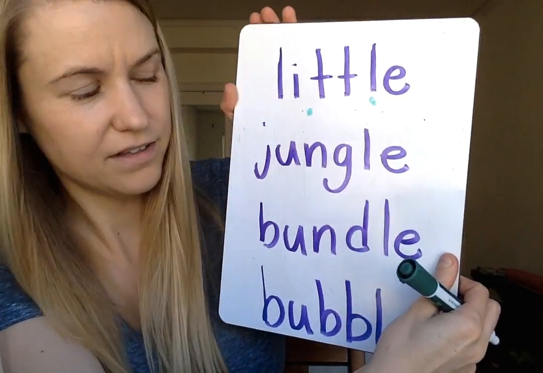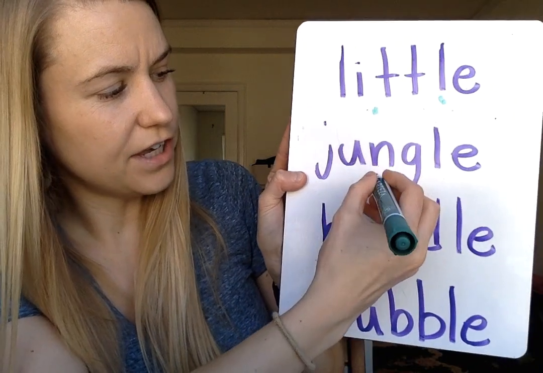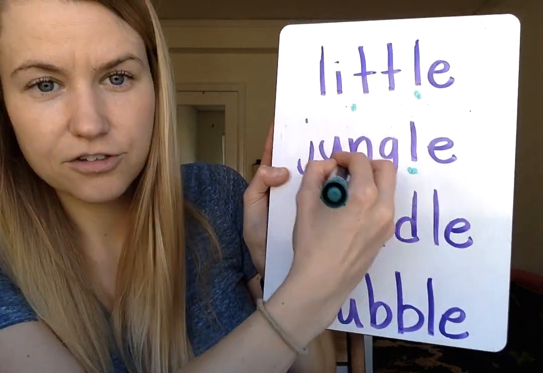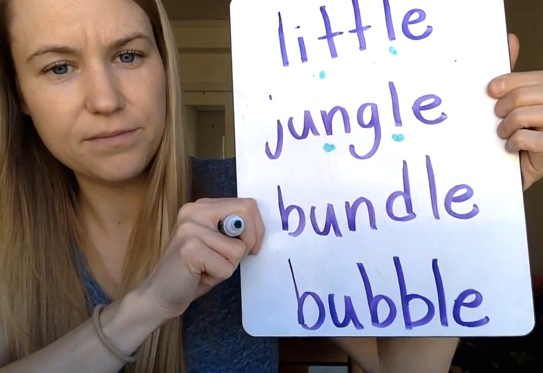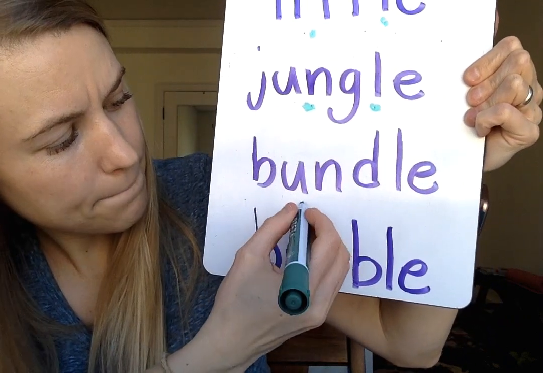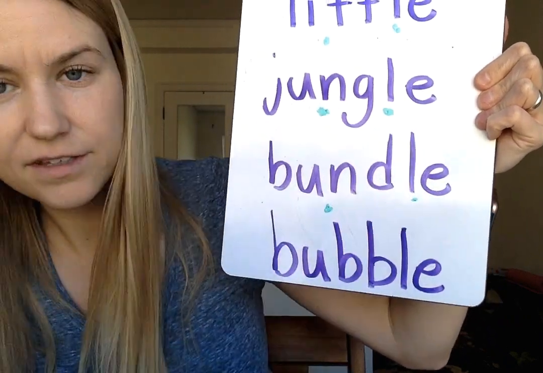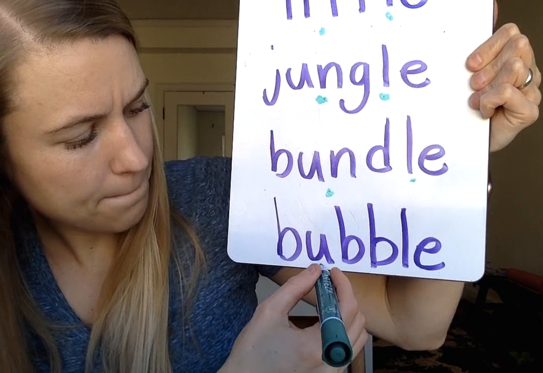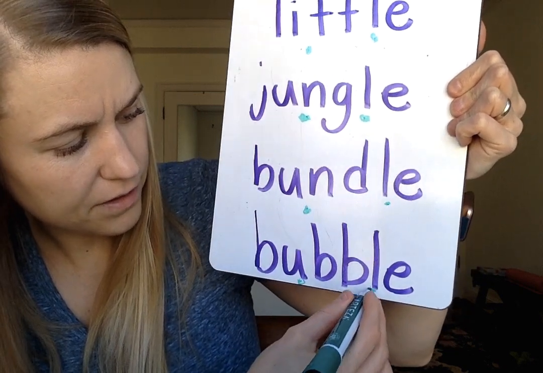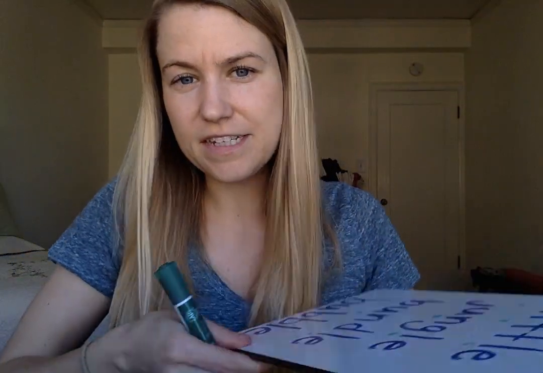Little. Jungle. Very good. We've got bundle. Very good. And then bubble. Now, I know I didn't take every single sound and blend it out, but I was just looking for the syllable chunks because that's what we're going to focus on today.